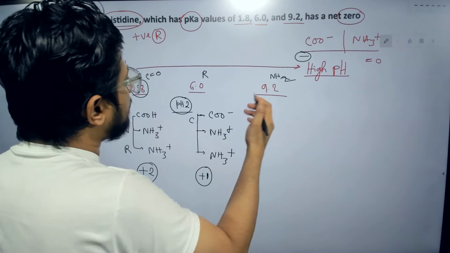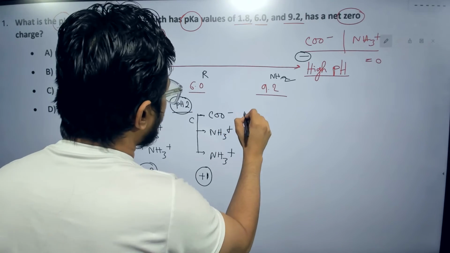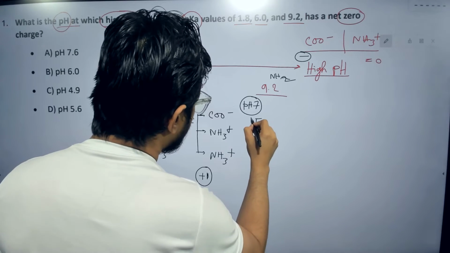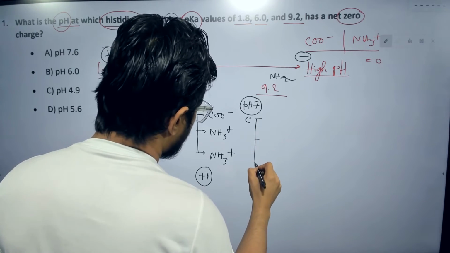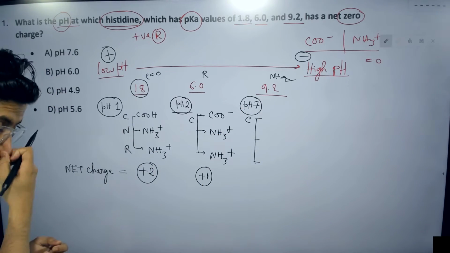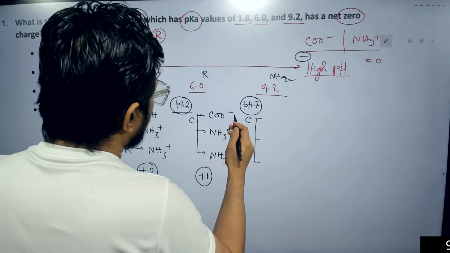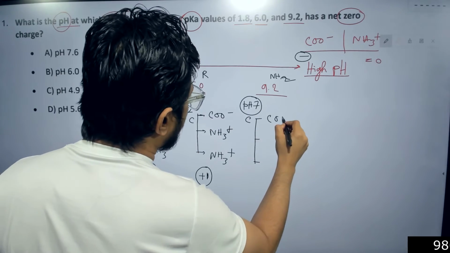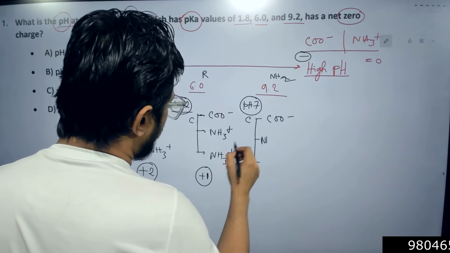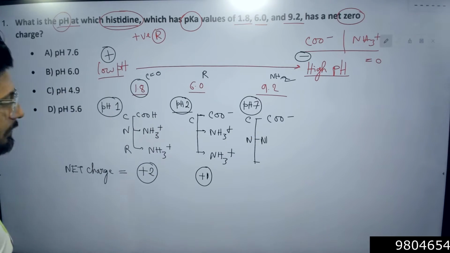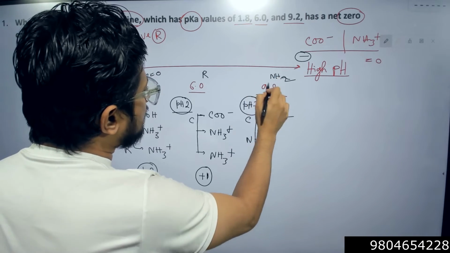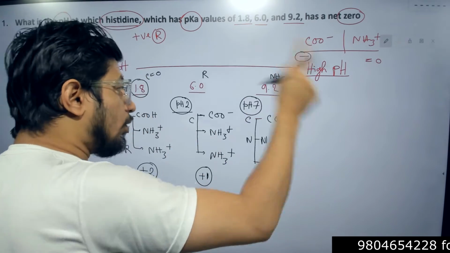Now let's increase the pH more than 6. So we are looking at pH 7. What will happen in pH 7? For the carbonyl group, pH is more than pK, so it will be deprotonated. For the amino group, the pK value is 9.2, which is more than pH.